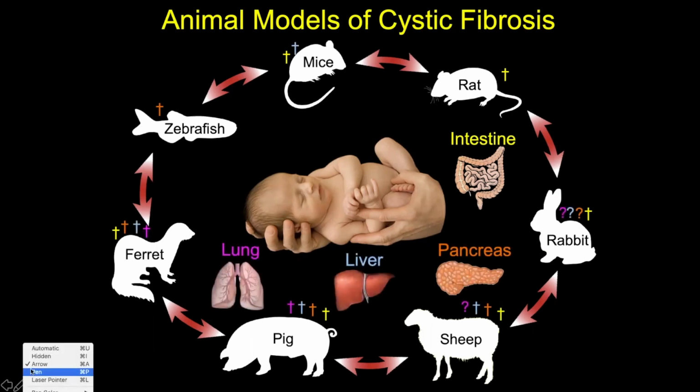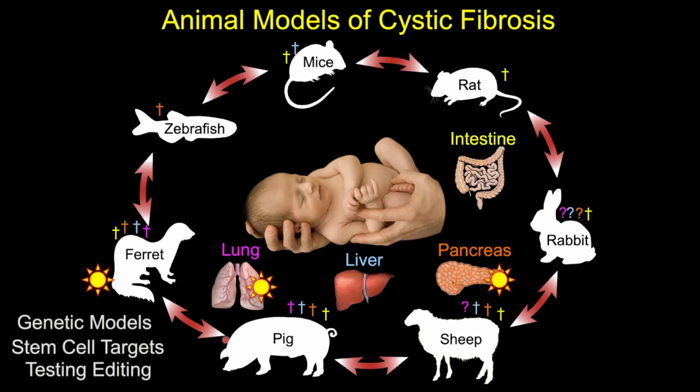However, the pig and the ferret models are the only two models thus far proven to spontaneously develop lung disease like humans. I'm going to be discussing genetic ferret models, stem cell targets in these models, and using gene-edited ferrets to study this, as well as genetic models to study gene editing in both the lung and the pancreas.